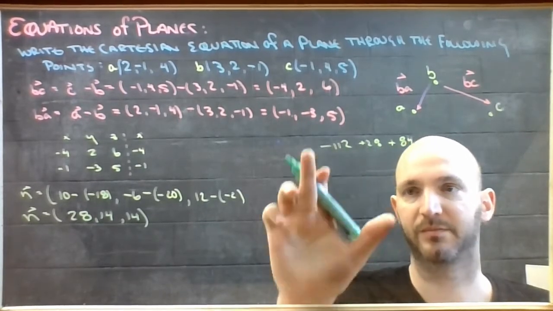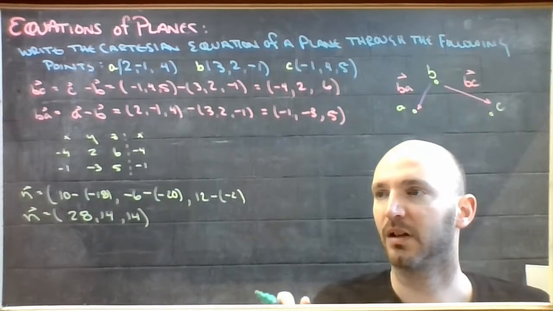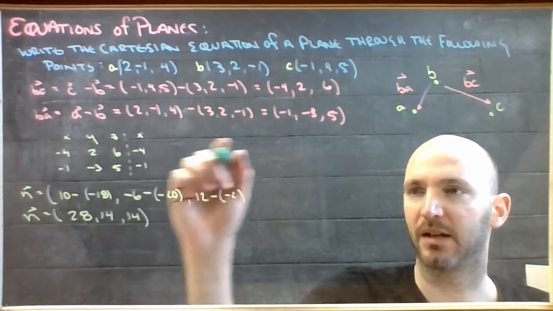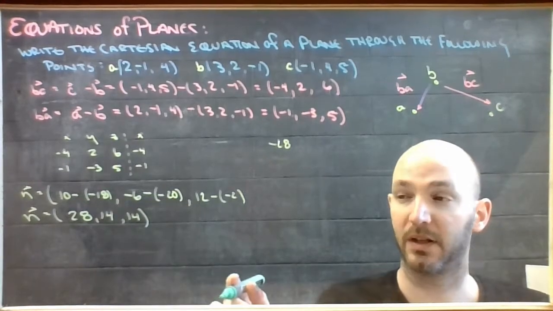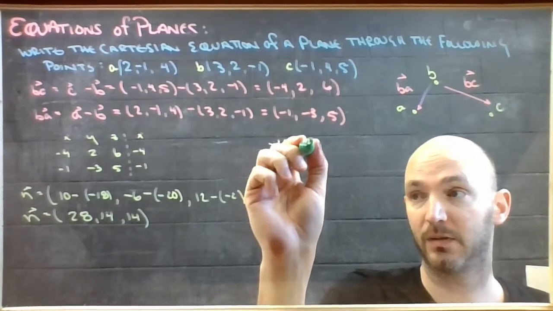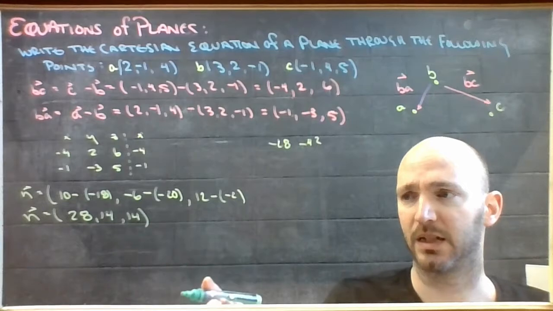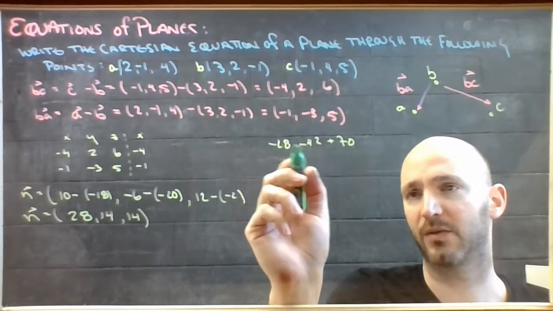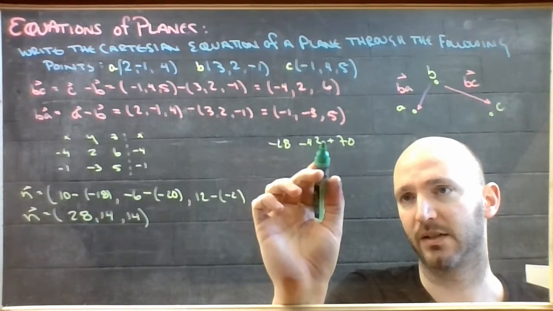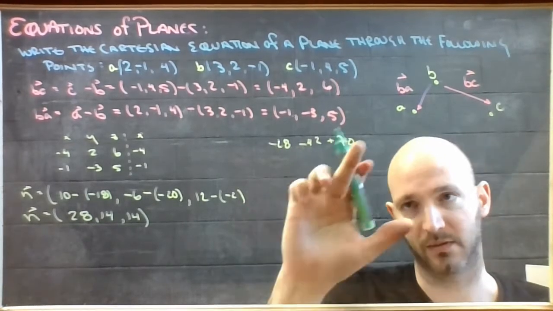So that one worked. Try the other one. 28 times -1 is -28. 14 times -3 would be -42. And 5 times 14 is 70. So -28 and -42 would be -70, -70 plus 70 is 0. So I've got it right.